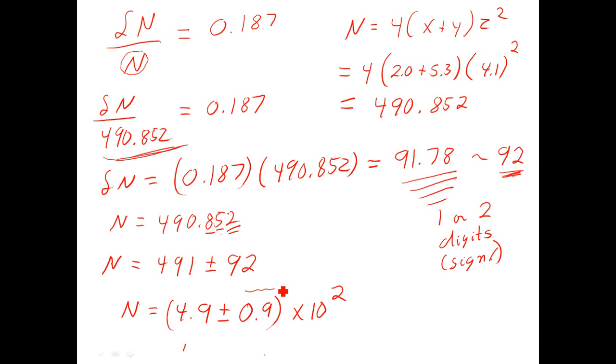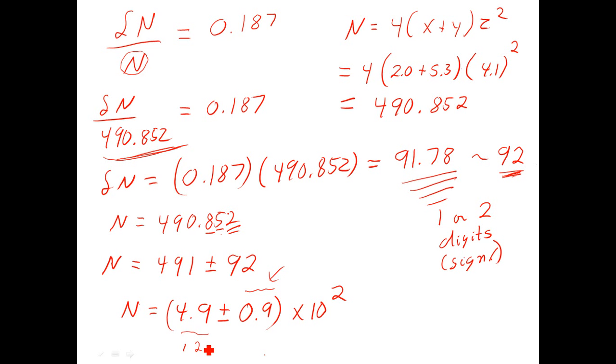And notice this uncertainty has one digit in it, which is fine. The actual n value has 2. You multiply it all by 100, and you've got the right size. I would accept both of those. You could argue that this one here is carrying one too many, but only just by a bit. You definitely don't want any more than that.